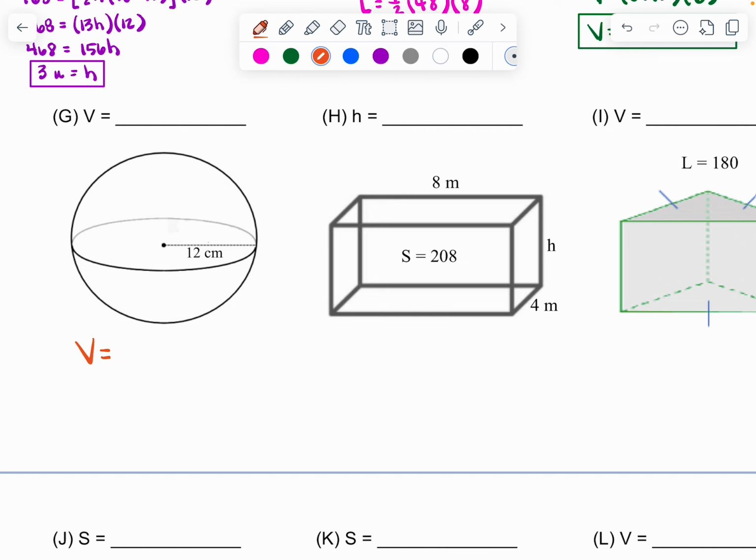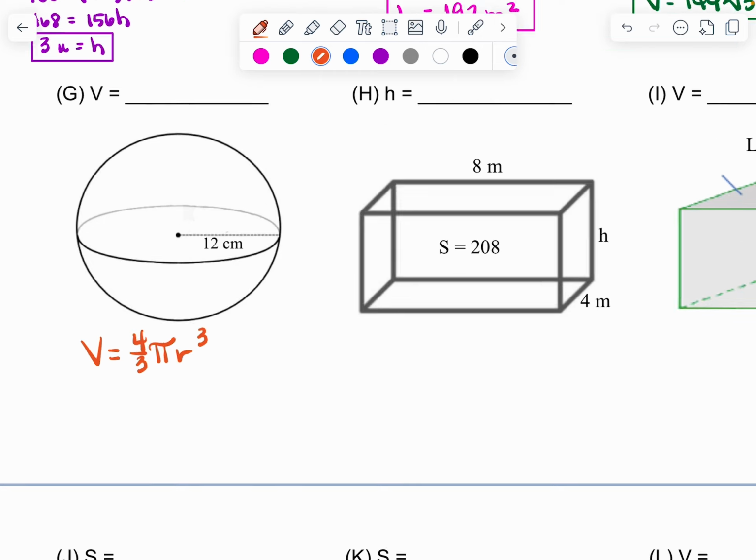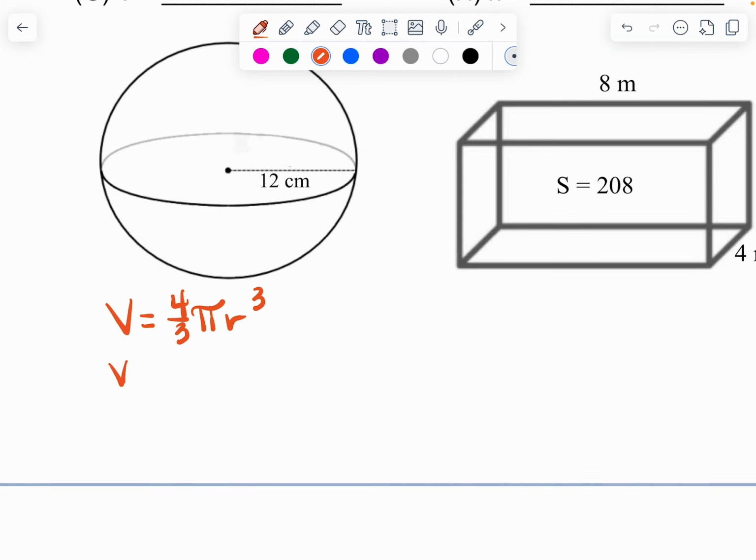All right, moving right along. G, volume of a sphere. Gotta love the spheres, right? Because it's just a little easy formula. The radius is the only variable, but please do not forget that the radius is cubed in the volume formula, right? So this is just 4/3 pi 12 cubed.